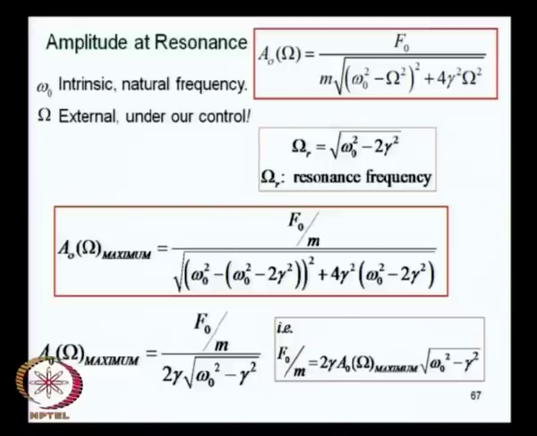You can also turn this expression around and write the ratio f0 over m in terms of this maximum amplitude.